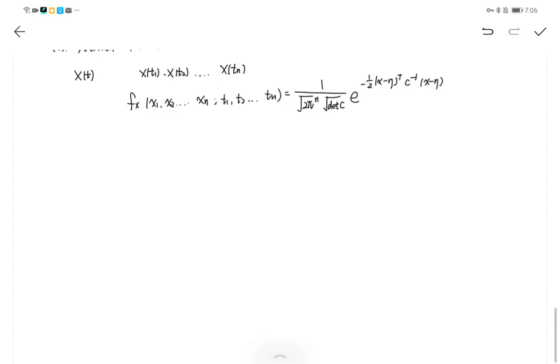So we can see that in this function, the C is the autocovariance matrix, and the eta is the expect matrix.